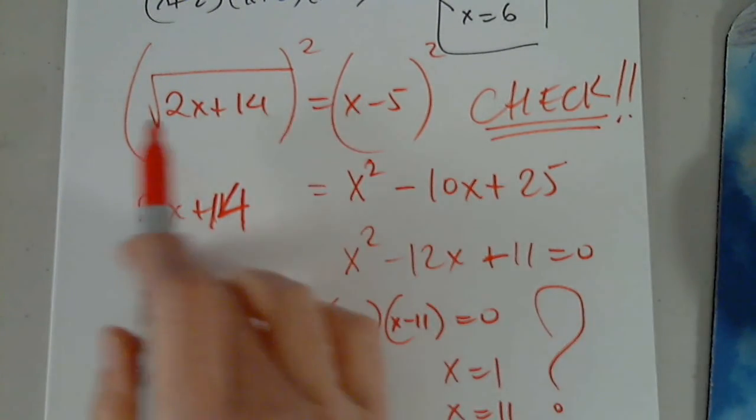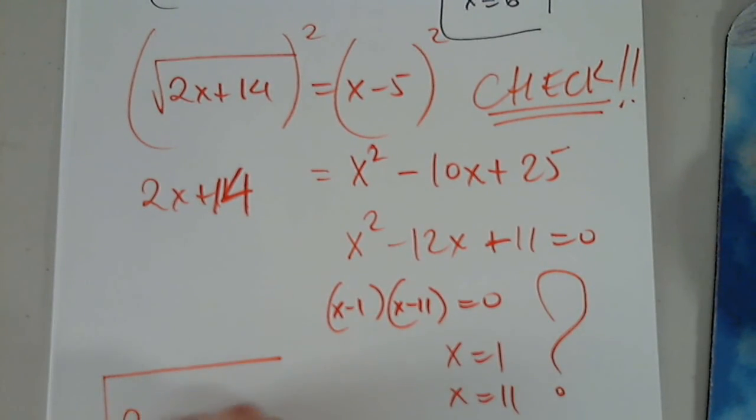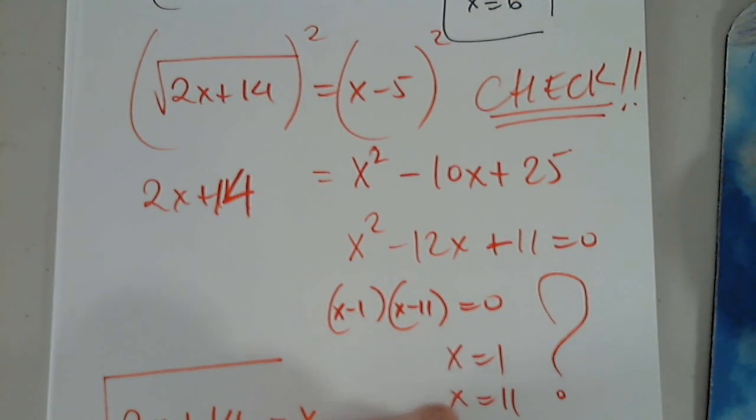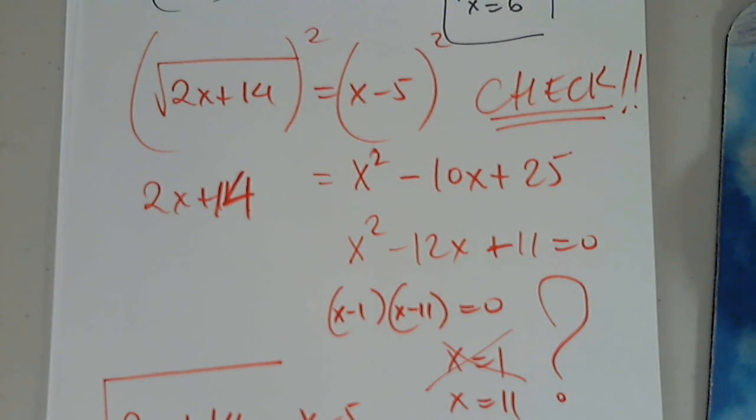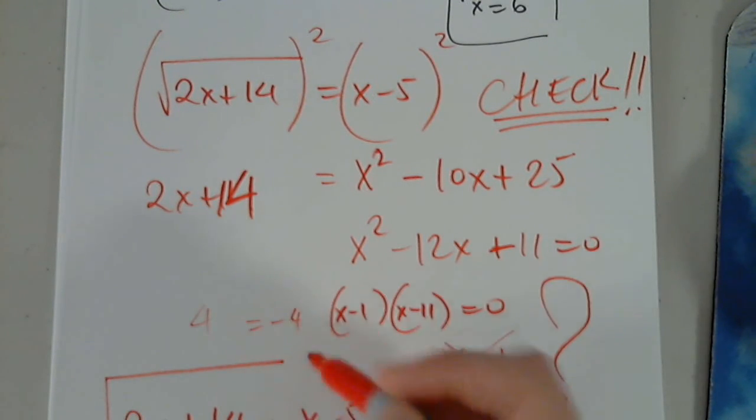The original equation, this is not the original equation. This is the original equation. I know that 1 will not work. Look, this side is 1 minus 5, which is -4. The square root is always positive. So this cannot work. So the square root of 16 is 4, but 1 minus 5 is -4. Are they the same?